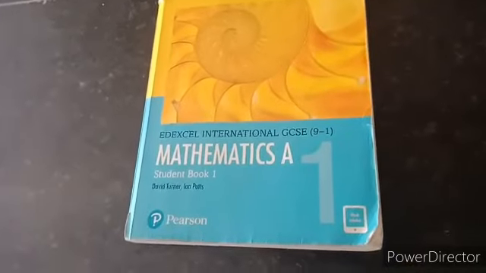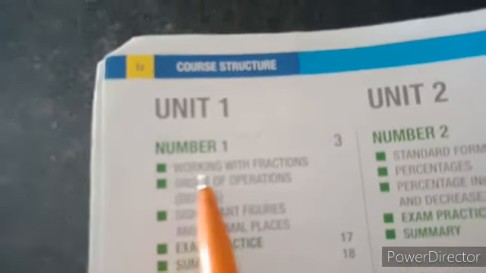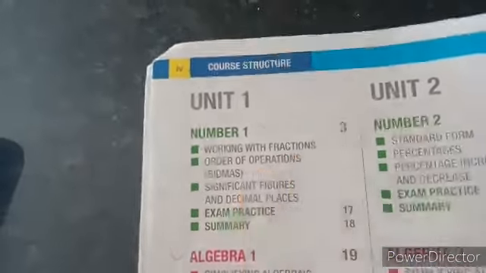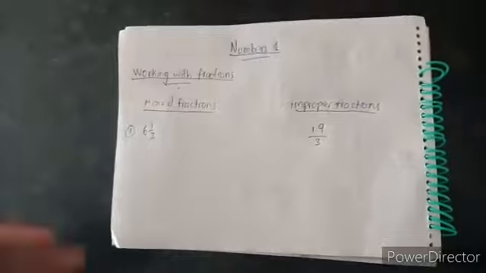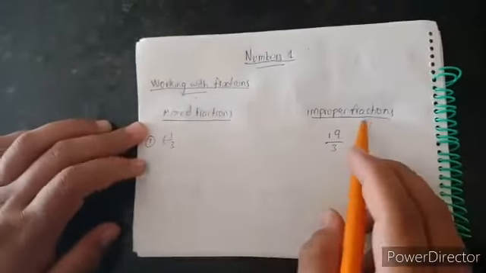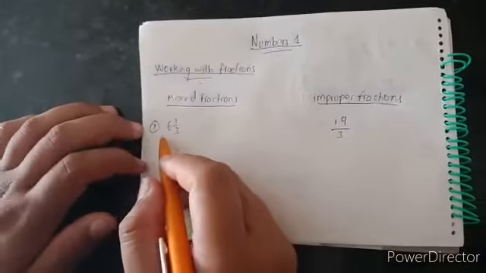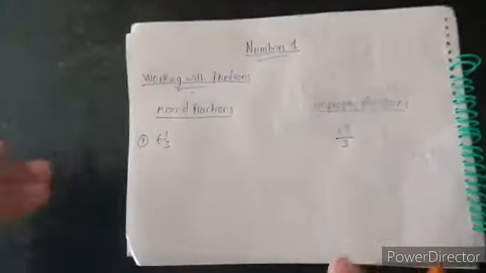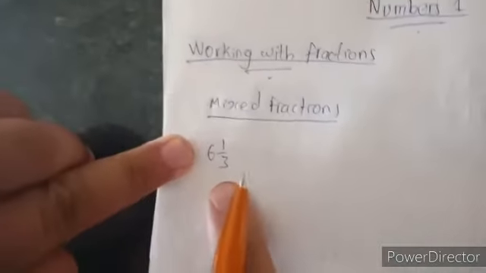Okay, so basically we are going to start with numbers 1, and what we are starting with is working with fractions. When we are working with fractions, generally we'll need to have the knowledge of fractions. There are two types of fractions: mixed fractions and improper fractions. In mixed fractions, I just wanted to show you the format, which is 6 and 1 over 3.